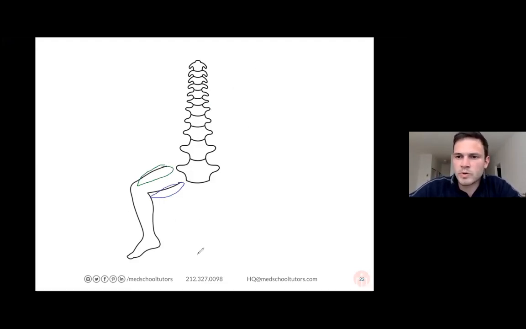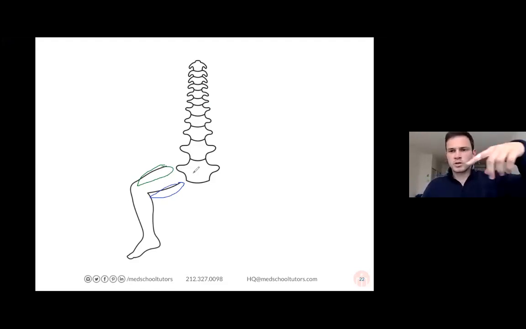What I want you to remember about reflexes is that they're independent of the brain. You're going to hear about synapses and circuits and stuff. So picture the leg out straight, the quad and the tendon kind of relaxed.